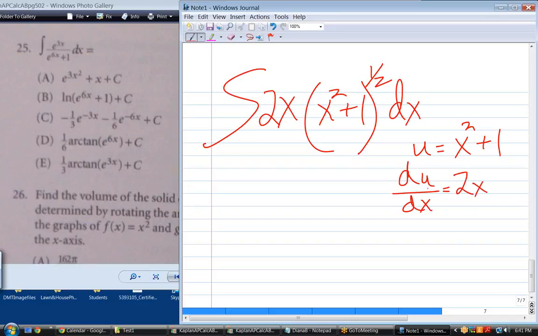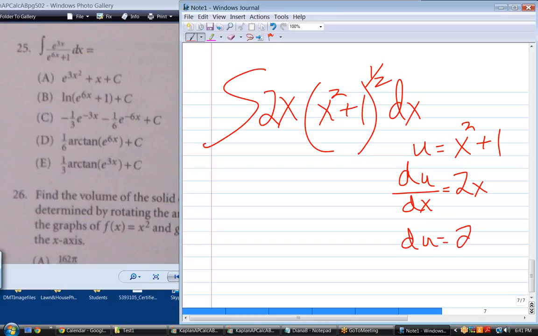Now you treat these like fractions. So what's du equal to? In other words, if du/dx is equal to 2x, what's du equal to? Well, you multiply both sides by dx.